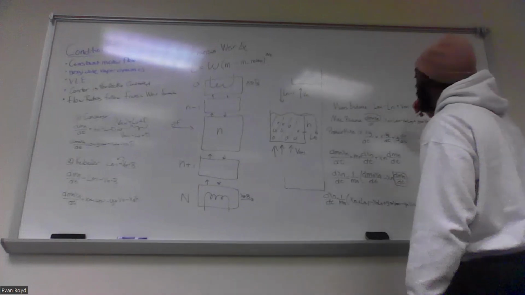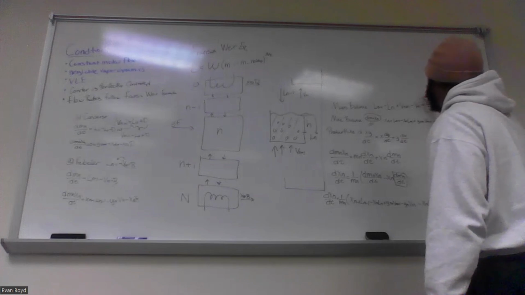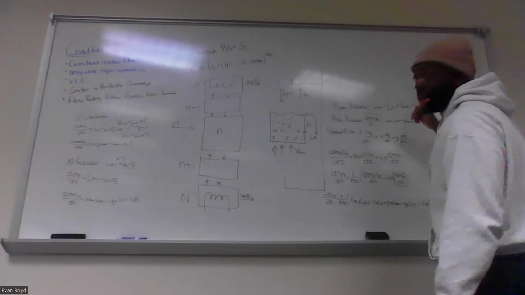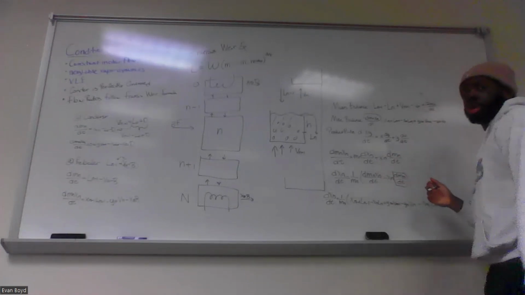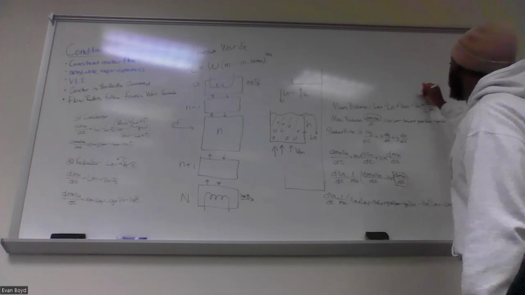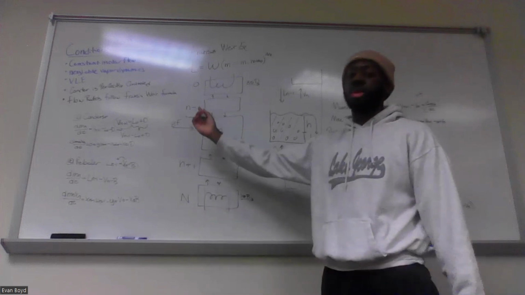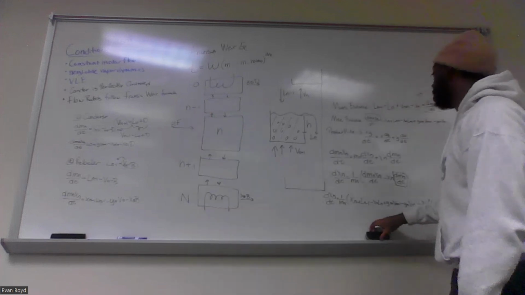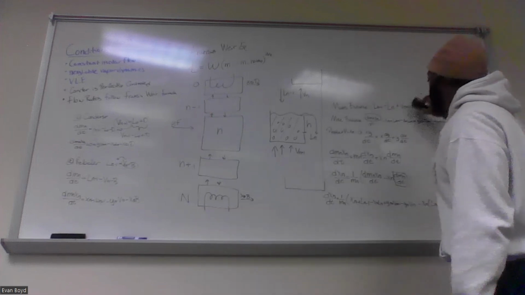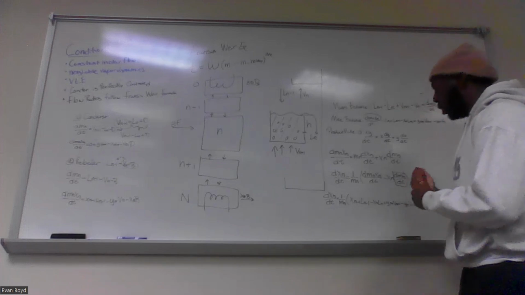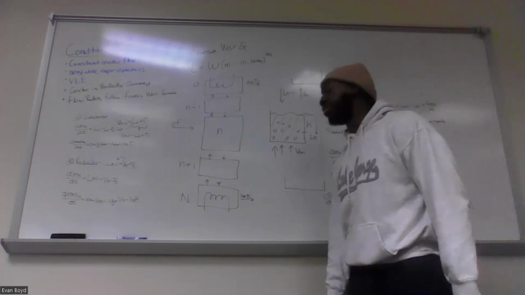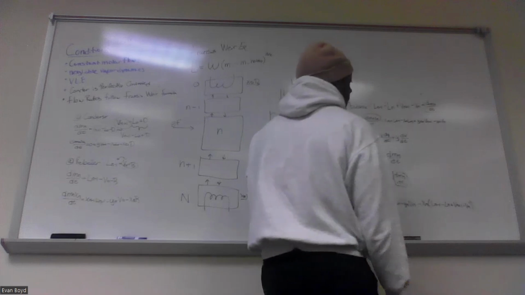I don't know if you can see it all. We'll just add the feed, and then for our mole balance, we just add Z times F. That's all we'll do, and it'll work out in our big expression.